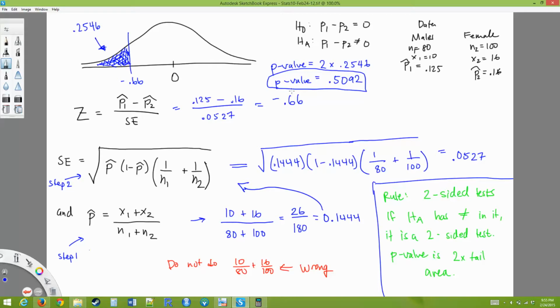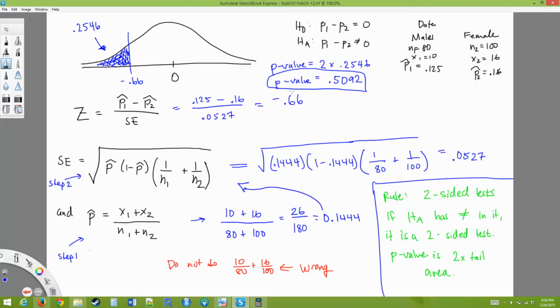So if males and females truly have the same percentage of left-handed people, what's the probability that one random sample would give me 12.5% left-handed people, and the other sample gives me 16% left-handed people, if they have the same percentage? Well, when we do our math, it says something like that happens about 51% of the time, 50.92% of the time, okay? So that happens quite a bit.